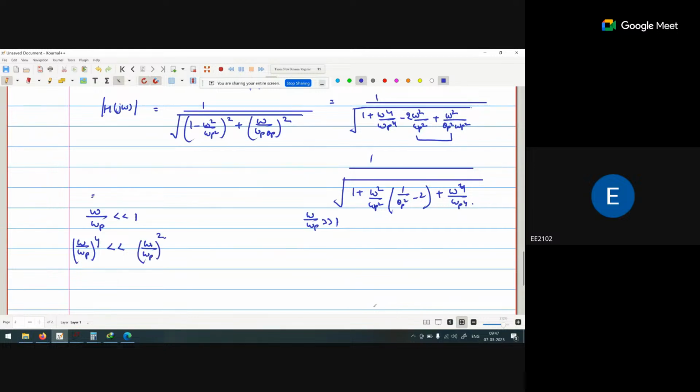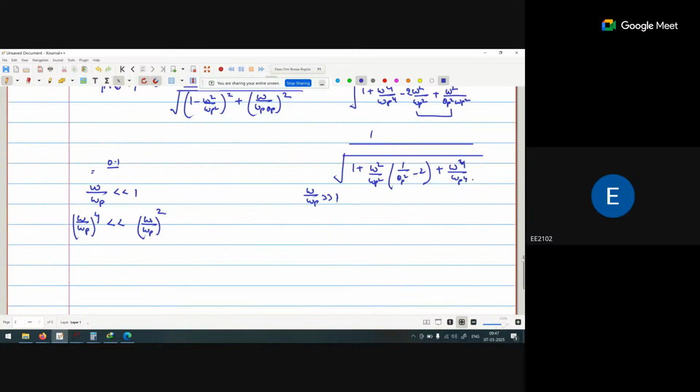Because if omega upon omega p is 0.1, then its fourth power is 0.0001, which is less than its square, 0.01. So when we increase the power, the value will be lesser. If the value is lesser, can I neglect this term?